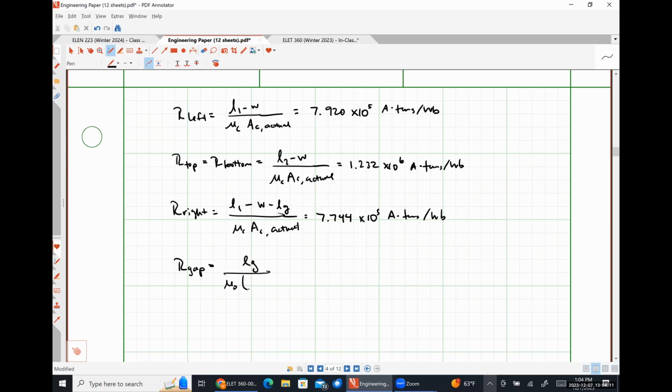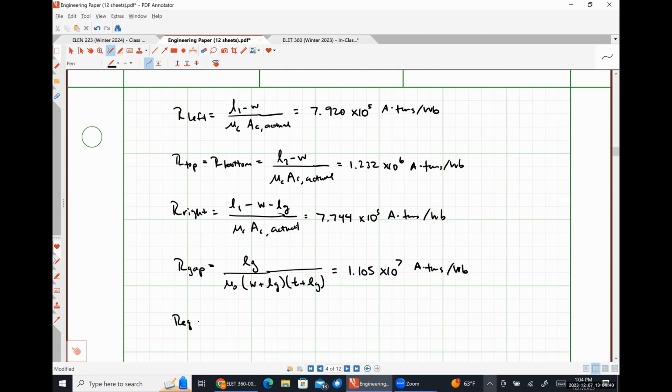Great job, Caitlin. So the width plus LG times the thickness plus LG. So that's mu naught times A. All right, so that comes out to be 1.105 times 10 to the 7 amp turns per Weber.